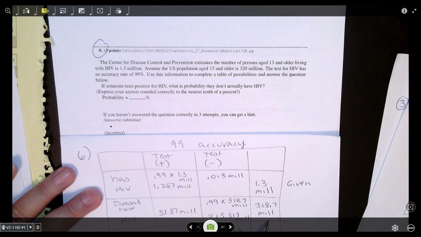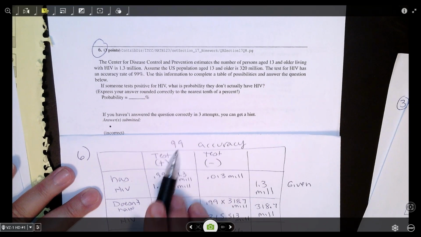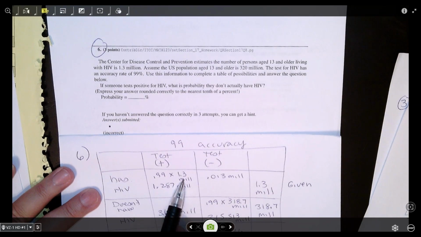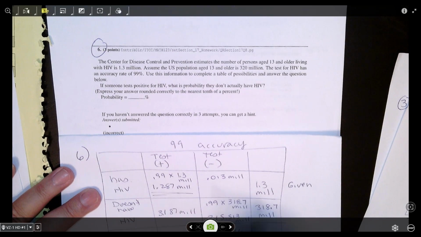So I subtracted to get 318.7 million do not have the disease. The test is 99% accurate, so 0.99 times 1.3 million gave me 1.287 million. Right here, subtracted 1.3 minus that to get 0.013 million. If I don't have it, I should test negative, 0.99 times 318.7 to get 315.513. Subtracted 318.7 minus that to get 3.187, and then I got the totals.